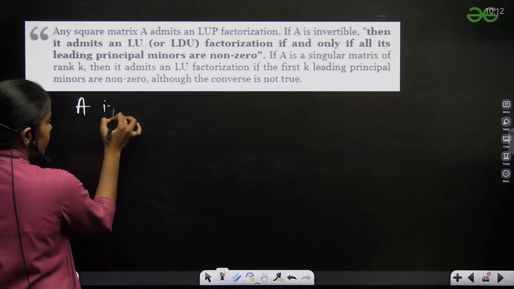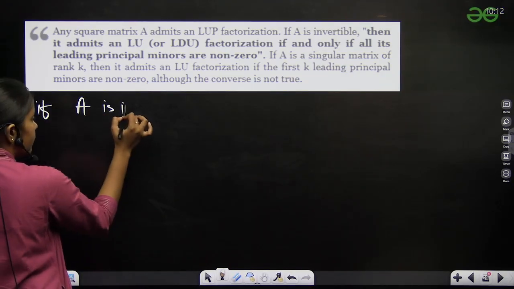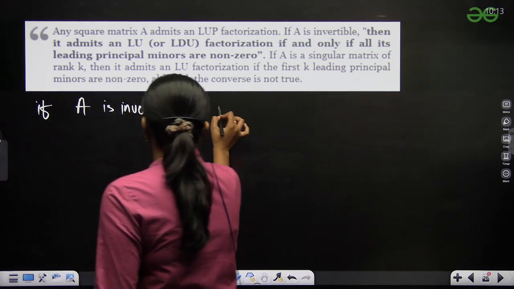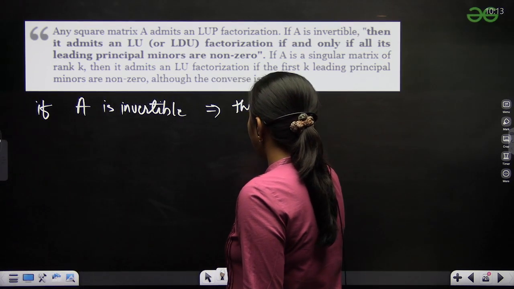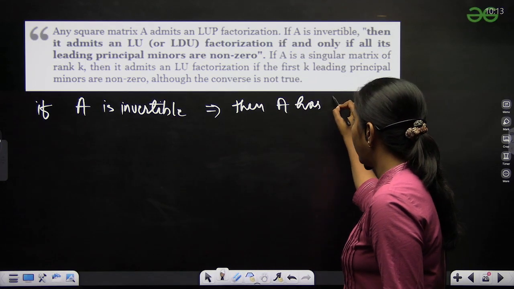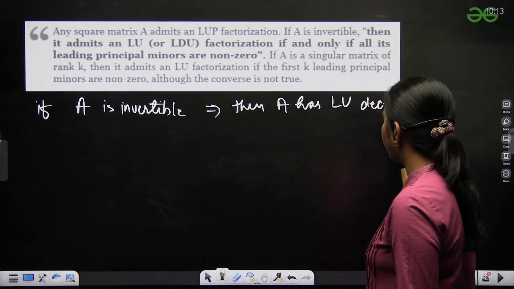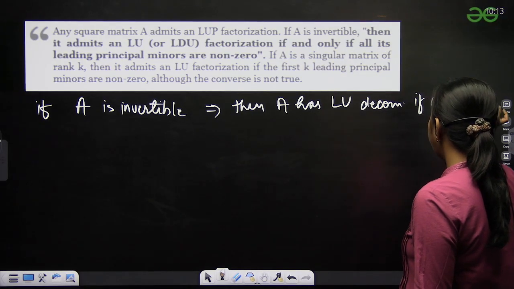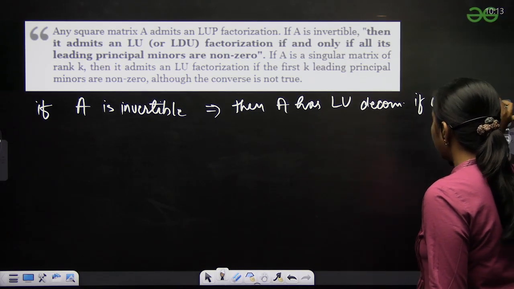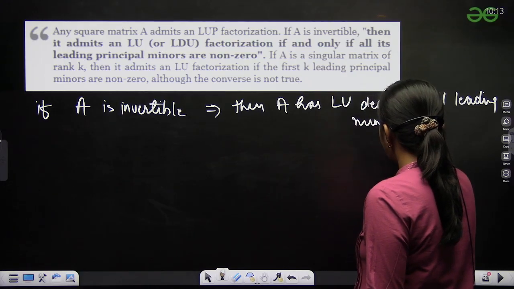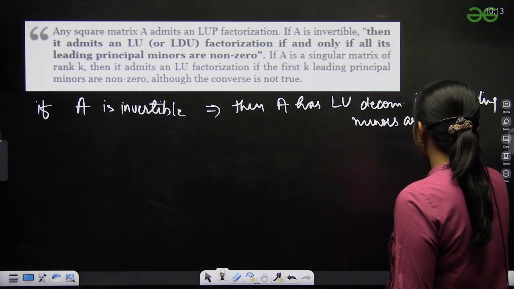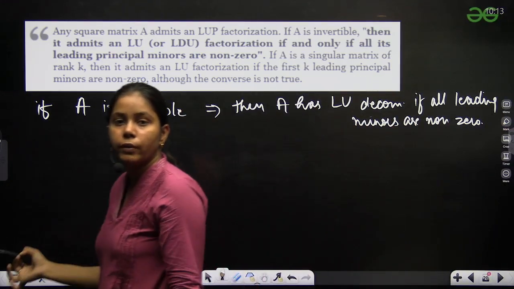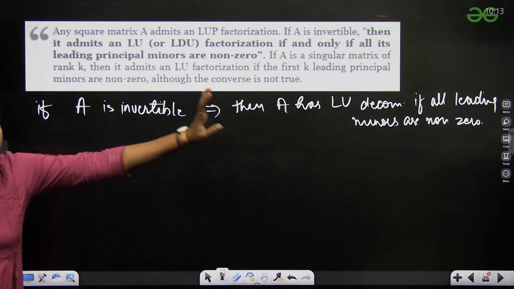If A is invertible, then A has LU decomposition if all leading minors are non-zero, right?